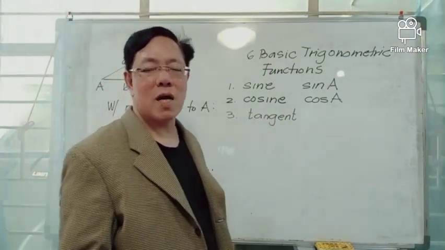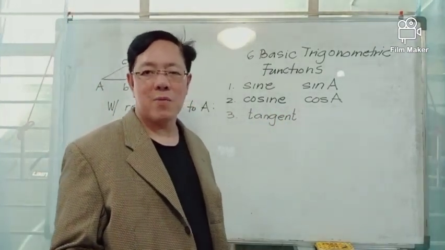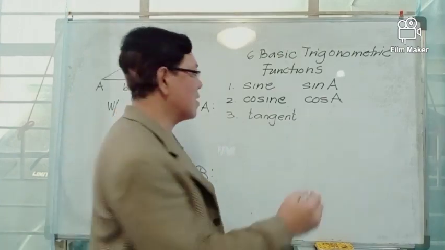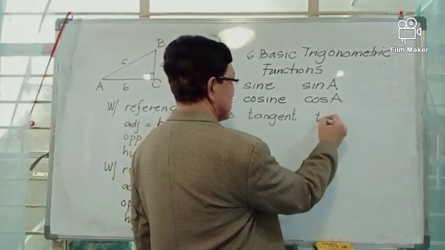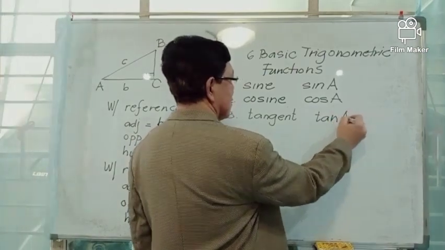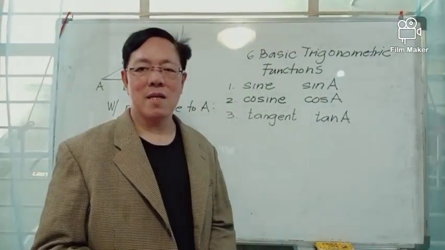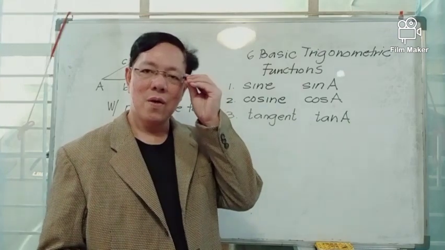Tangent of an acute angle. If we are considering the acute angle A, we simply write tan A, but it is read as tangent of A or tangent A.